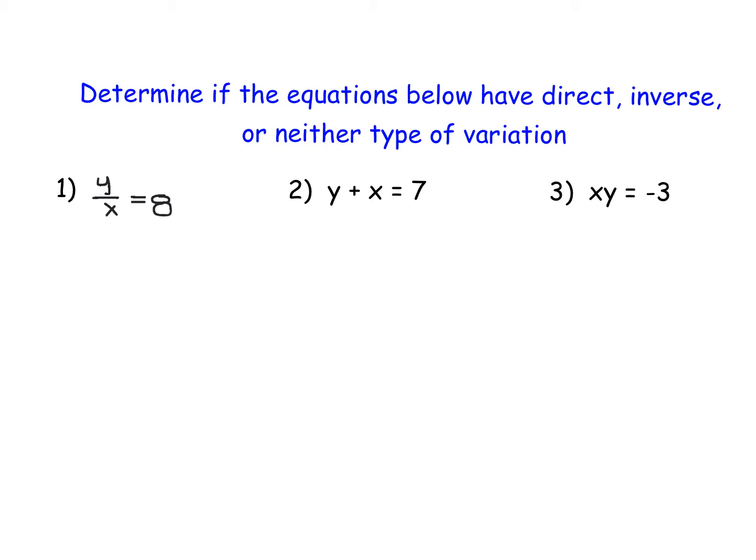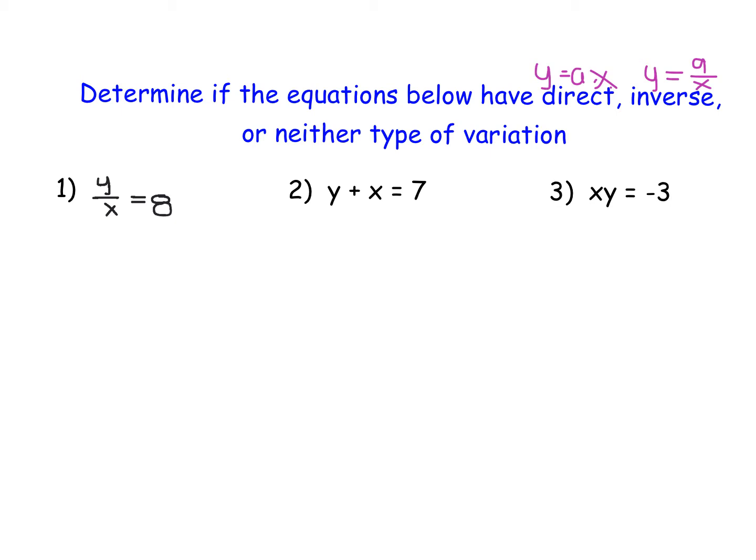Remember, if we have direct variation, we're going to be able to rewrite those equations into y equals a times x form, where a is some non-zero value. And if we have inverse variation, we're going to be able to rewrite it into the form y equals a over x. So that's what we're looking for, either y equals a times x or y equals a divided by x.